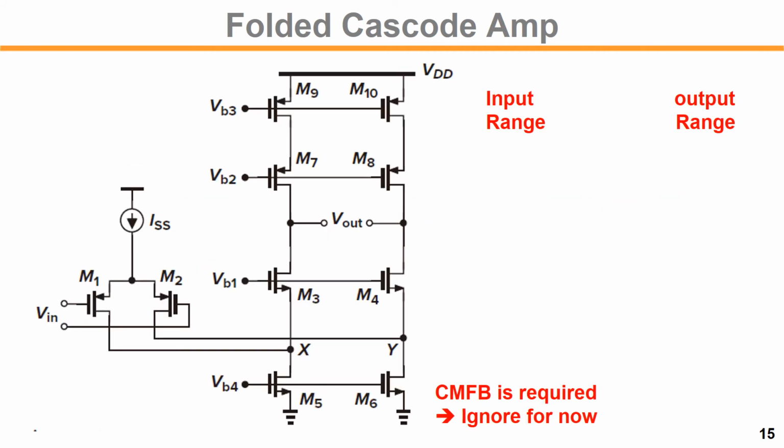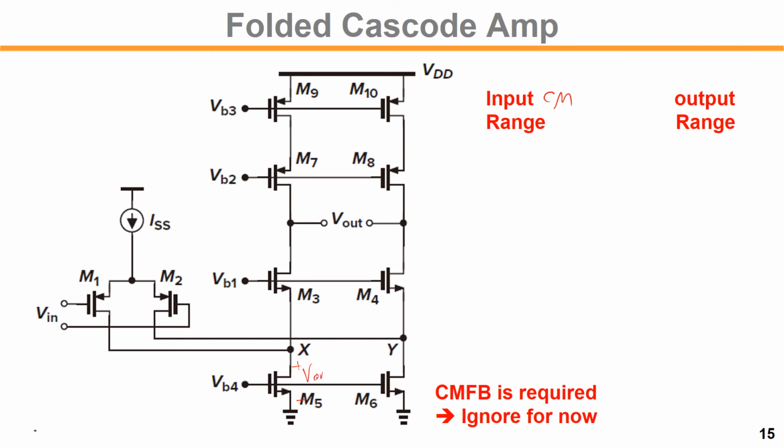So now this is a more complete schematic of the folded cascode amplifier. Here we can calculate the input common mode range. If the input CM range is that, let's say for the minimum voltage, that would be starting from V overdrive.